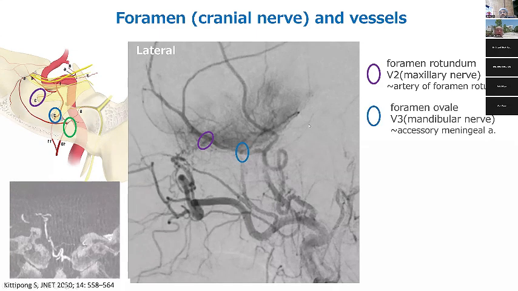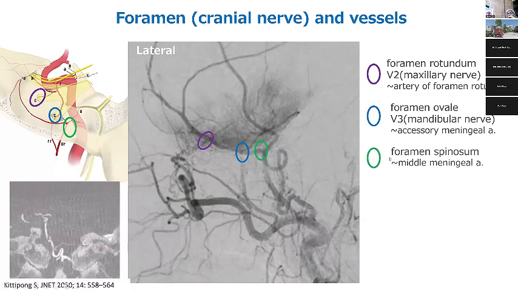Okay, then the blue circle refers to the V3 mandibular nerve here. The mandibular nerve is running here, and this is foramen ovale, which contains the mandibular nerve and the accessory meningeal artery, AMA, from one of the branches of IMA here.